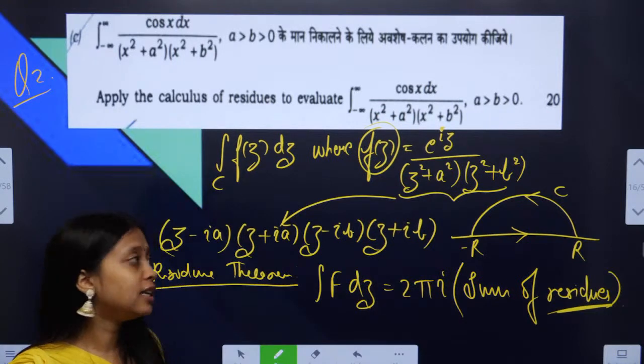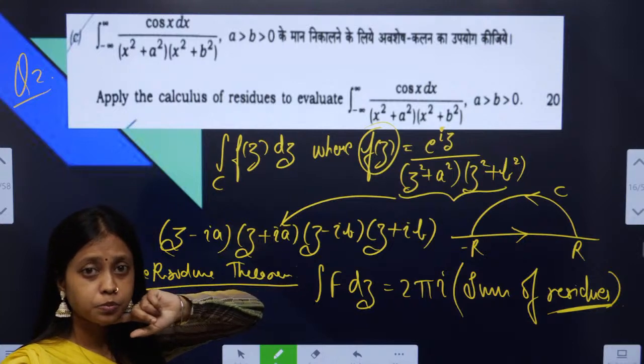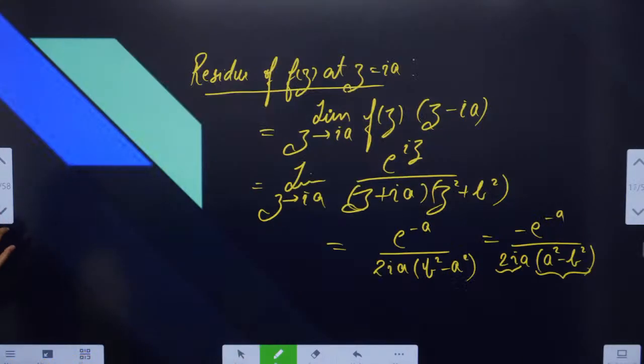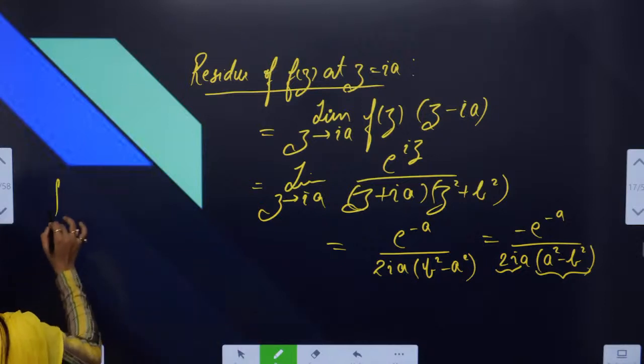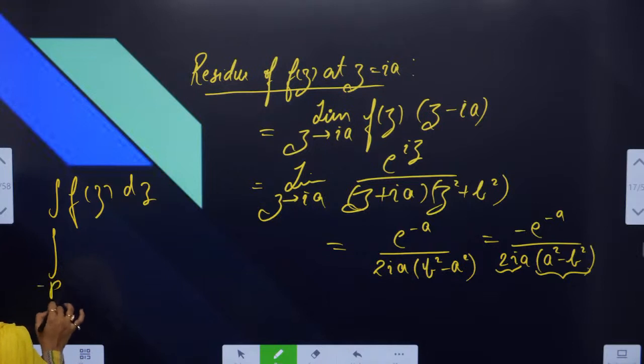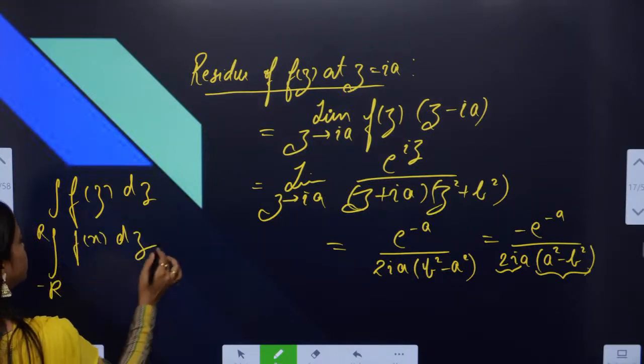But again, that is the integration of f(z), not this. So you can just write your integration of f(z) dz as the integral from minus r to r of f(x) dx.